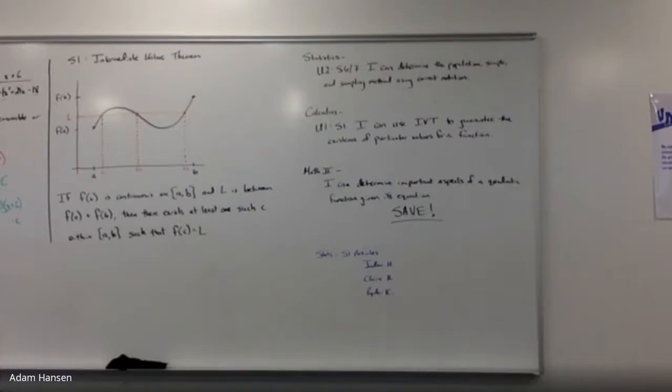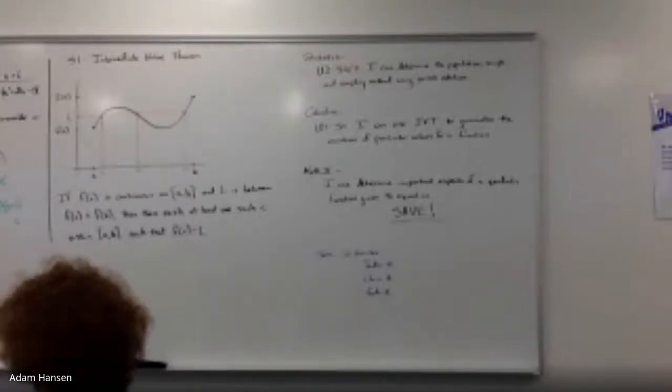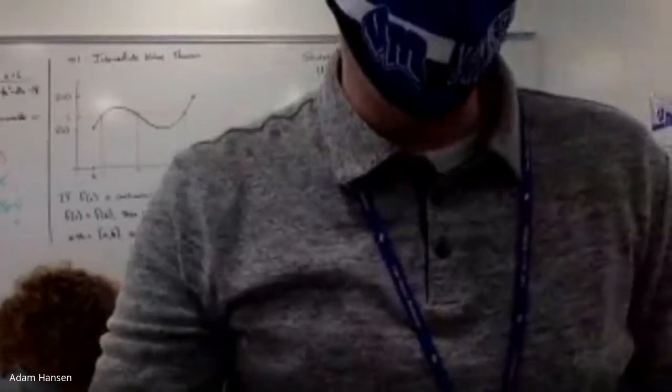Yeah. That's why I've got this box checked off here. Is there some value n between f of a and f of b? So is n between f of a and f of b on the y-axis? No. So let's move it. I can take this slider and position n so that it's between f of a and f of b.